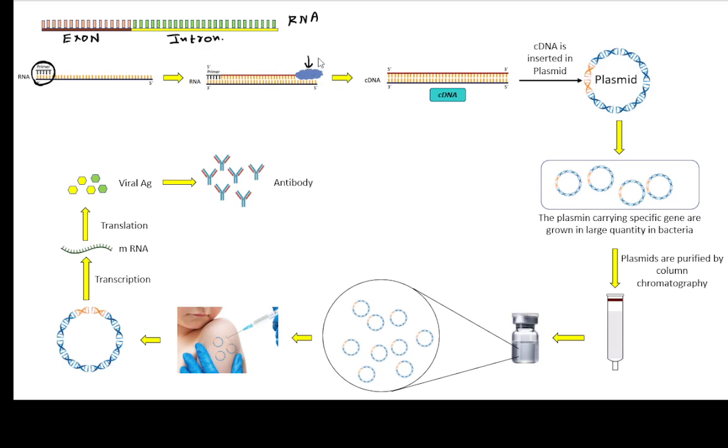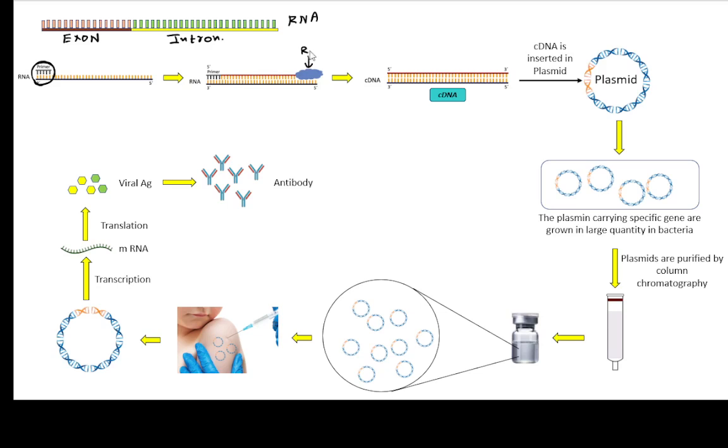This procedure goes on in vitro, not inside the bacteria or inside our body. As we extract the genetic material, it undergoes amplification. We are making a primer that is specific against the RNA. This RNA primer binds with the RNA in a specific region.